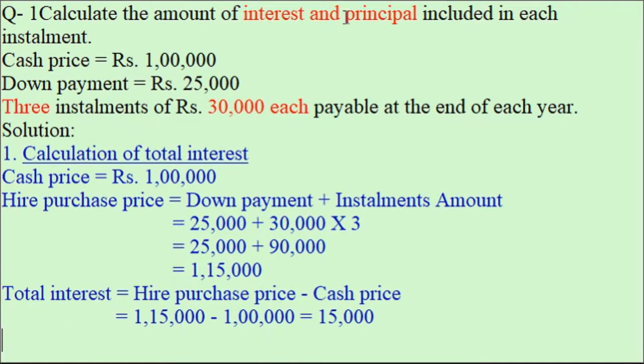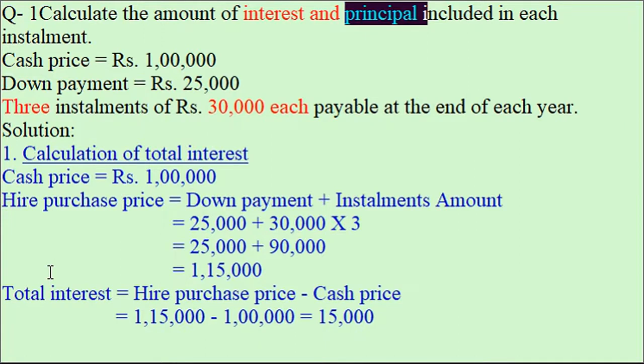The second part which you need to calculate is principal, which is included in the installments. Now to calculate principal amount, you should know what is the amount due every year. After paying the down payment, what is the amount due? After paying first installment, what is the amount due? After paying the second installment, what is the amount due?